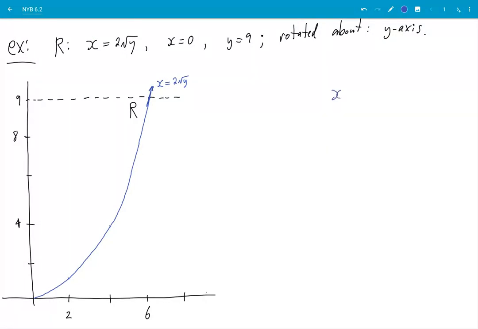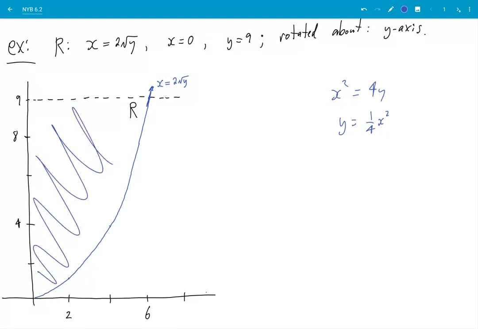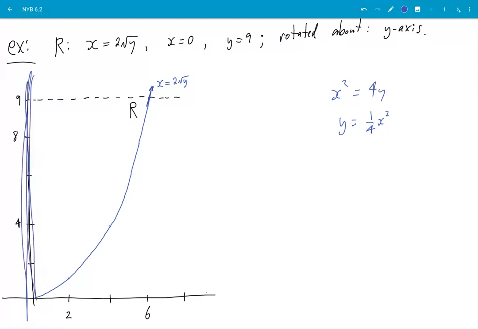You can square both sides to get 4y, and then y is a quarter x squared. That's a slightly more familiar formula, if you prefer. But I just want to get an idea of what it looks like. Here's my region R. Now I'm rotating about the y-axis. So I'm going to get some kind of bowl-shaped thing.